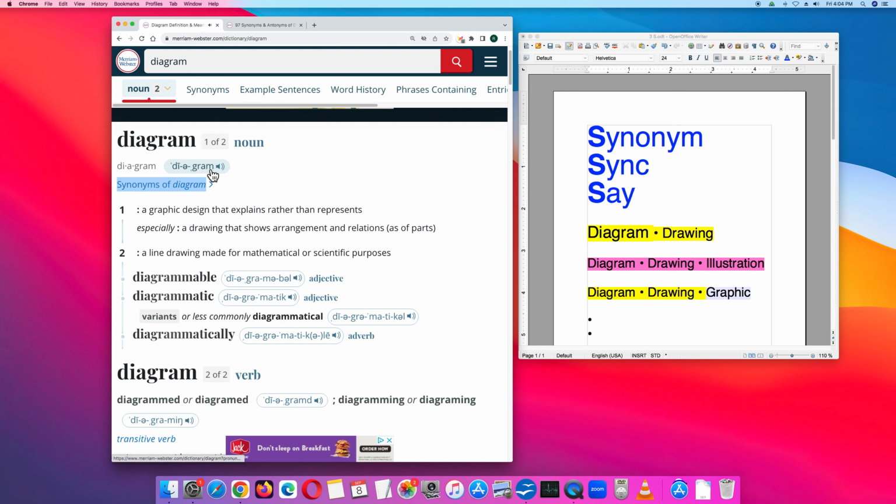Listen to it: diagram, diagram. When I do this, I also stare at the word, and then I say it. Whenever you do repetitions, at least do 2 repetitions. Three's good. Beyond that, you need to take a break and move on to another chunk.